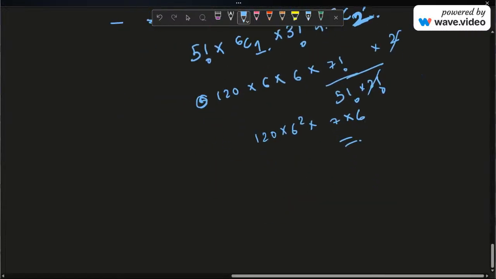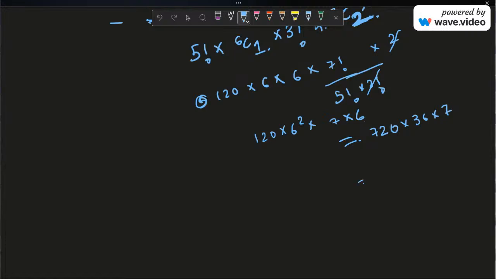That makes it 720 into 36 into 7. So 36 into 36 into 2. Okay. So 36 into 36 is equal to 216 into 6.